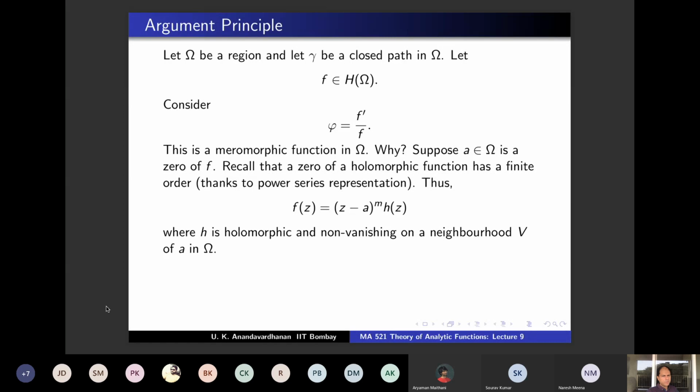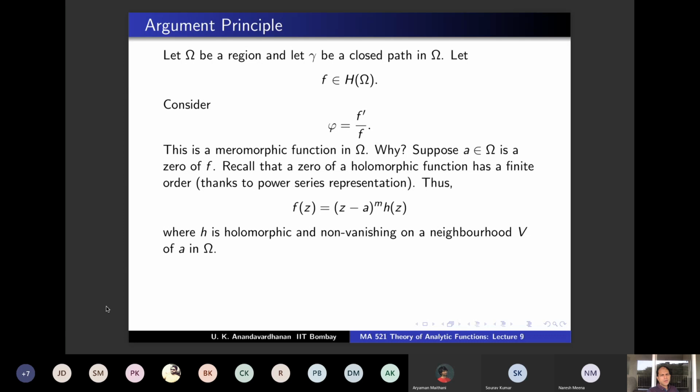There is a small neighborhood V of a where h is holomorphic, because h is holomorphic everywhere. It's the remaining part of the power series.